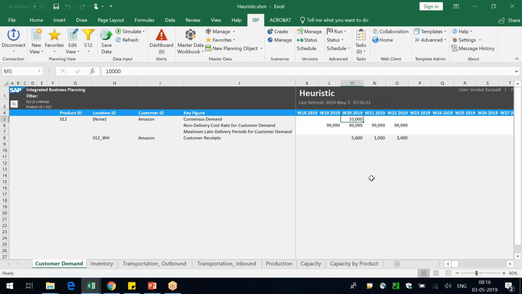Heuristic will not read or understand any costs. Now if I take off this non-delivery, you see, this is what we're talking about. If there is no non-delivery, the system will not do anything. These are the previous run results, and now let me take this off.